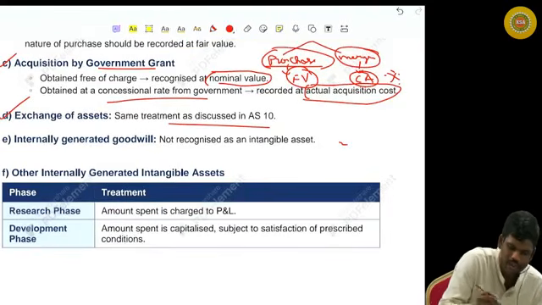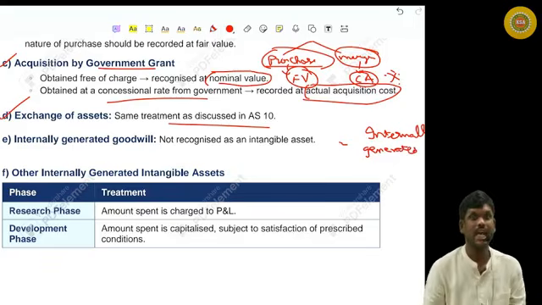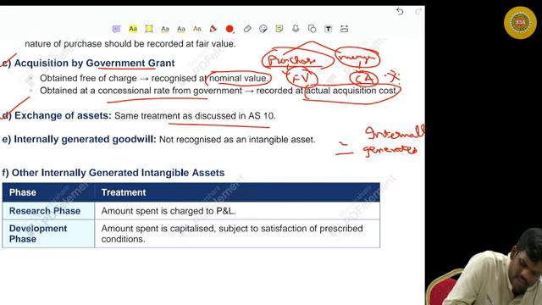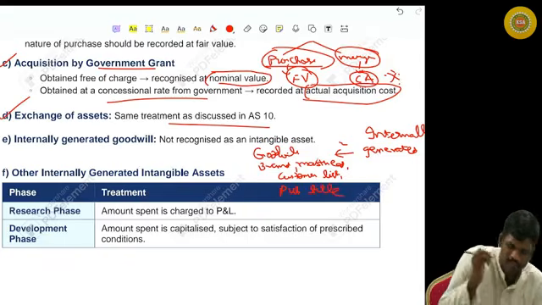Sir, what if the intangible asset I have not acquired, but I have internally generated this intangible asset, sir? In that case, first thing, if it is an internally generated asset, first check whether that asset is goodwill, brand, masthead, customer list, publishing title.